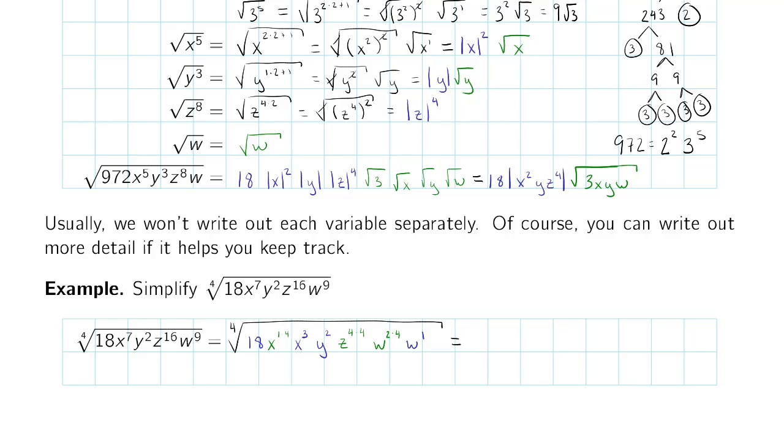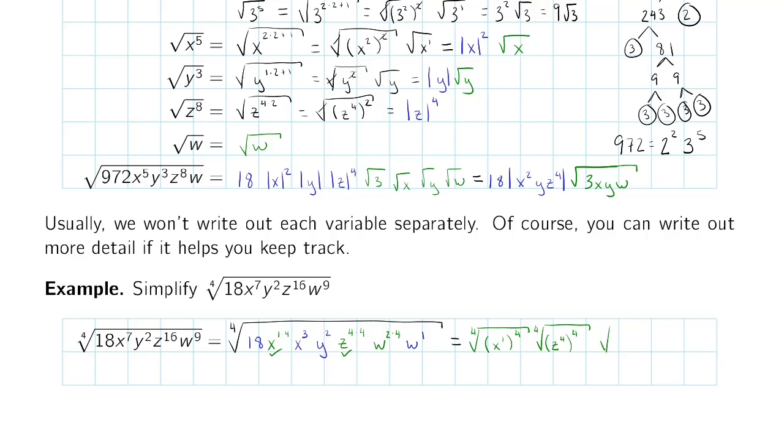So I can rewrite this. Each perfect 4th power gets a 4th root. So I've got the 4th root of x to the 1 to the 4th. And as I copy each factor, I'm going to check it off so I know I haven't missed anything. And then I've got the 4th root of z to the 4th to the 4th.